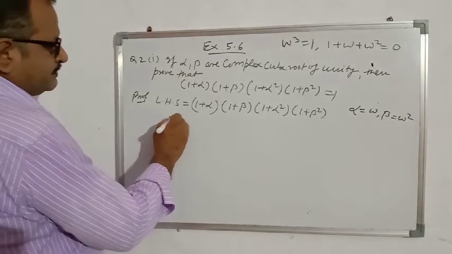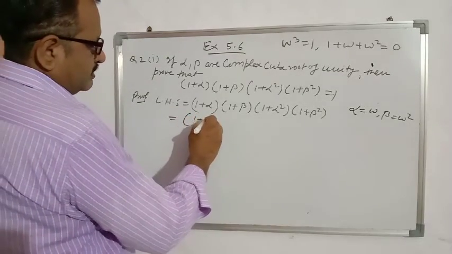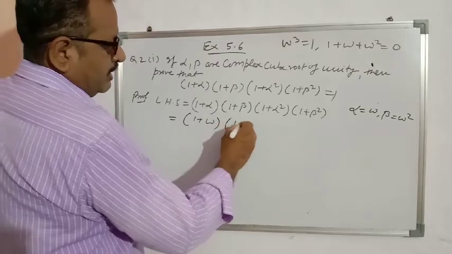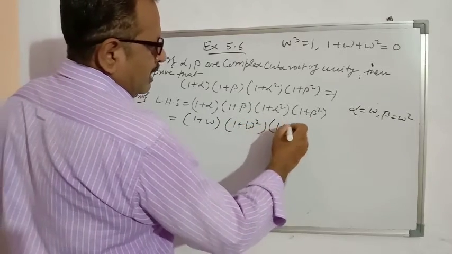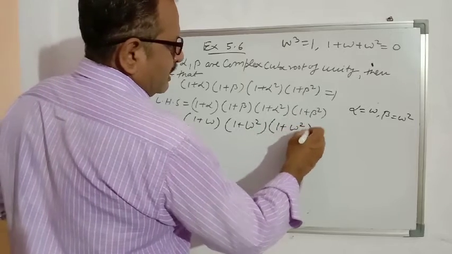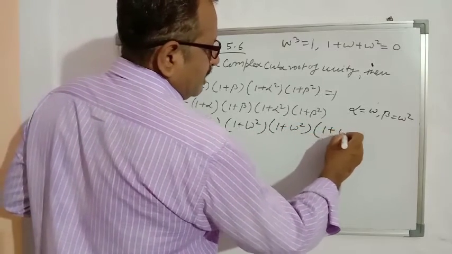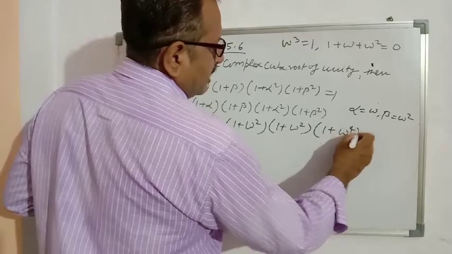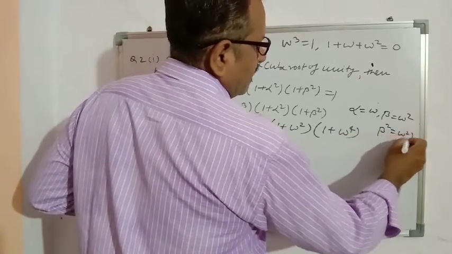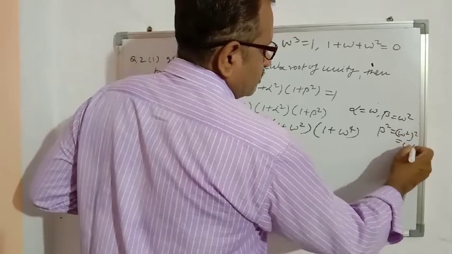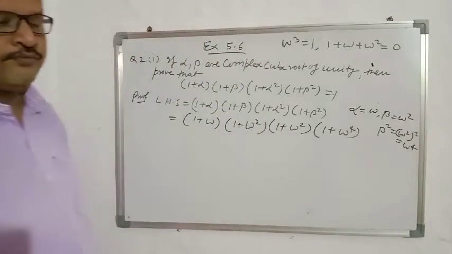So put here 1 plus omega, 1 plus omega square for beta, 1 plus omega square for alpha square, and for beta square, omega square whole square, it will be omega to the power 4.